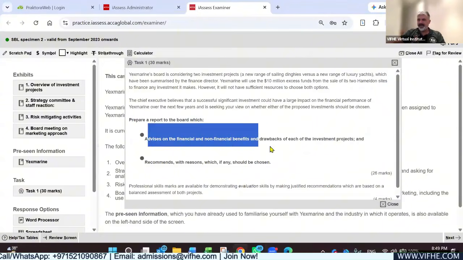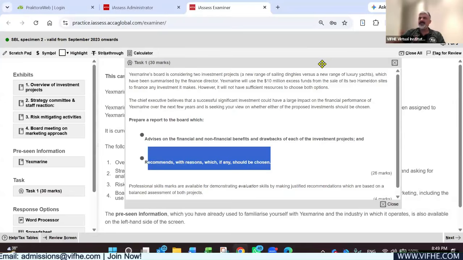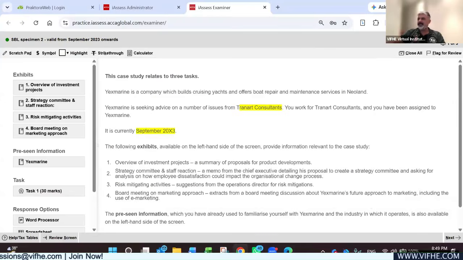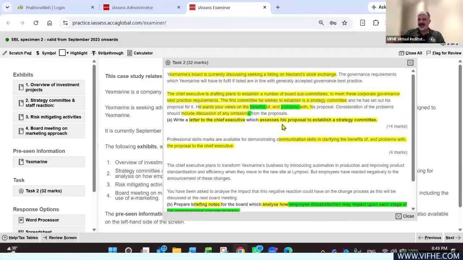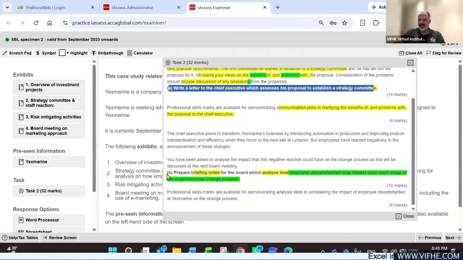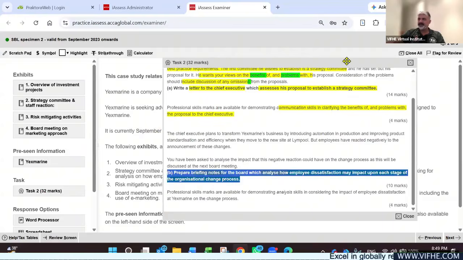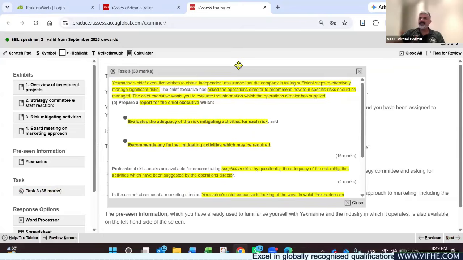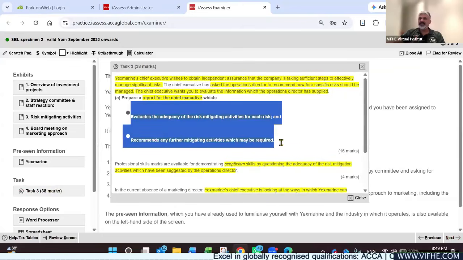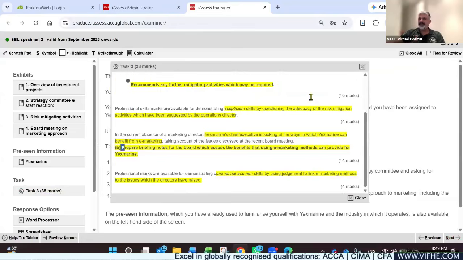Advise on the financial, non-financial benefits and drawbacks. Recommend with reason. Then we will move to task number 2. We will open task number 2 and we will write a letter, and then there is task number 2B. Then we will read task number 3, this 3A and then 3B.